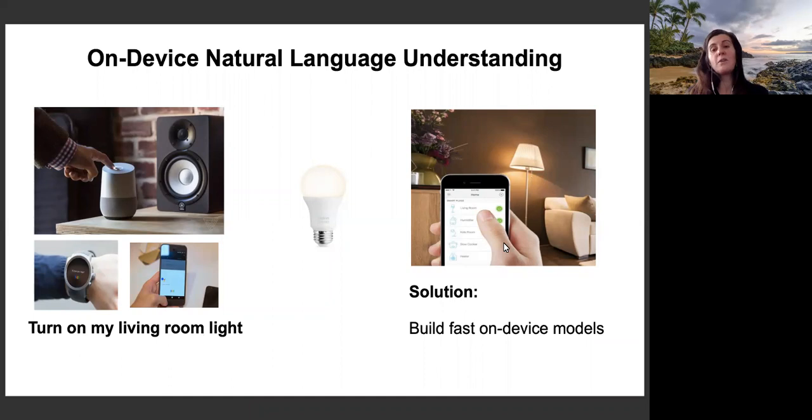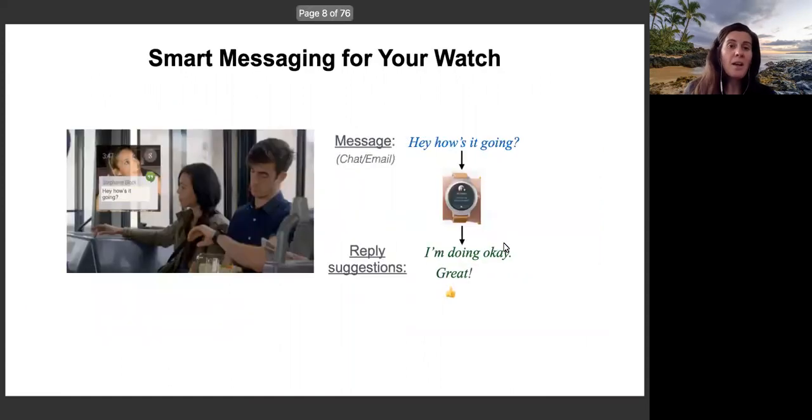And at some point you're like, wow, okay, I don't want to use my device anymore. I'm just going to open my app and I'm going to control it from there, right? So now the experience is getting broken. And the way to fix it is you can go and build fast on-device models, so that when you say your command, the model will just understand it and execute it right away.